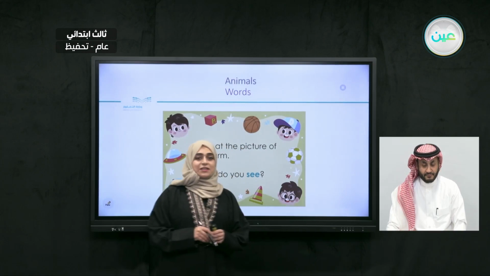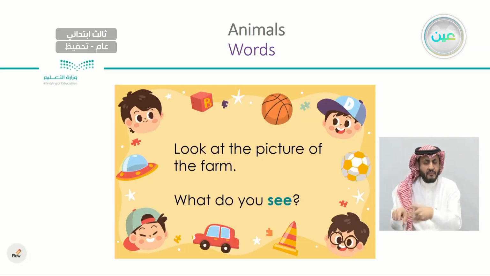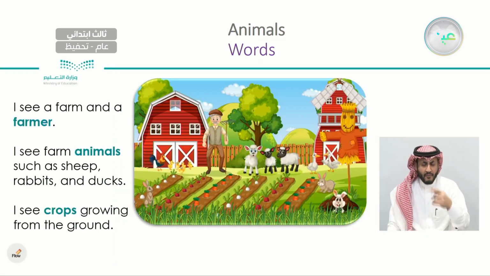Now let's look at this picture of the farm. What animals do you see? What do you see? Let's read the sentences together. I see a farm and a farmer.